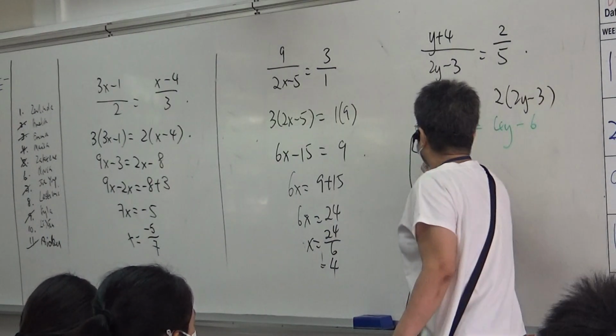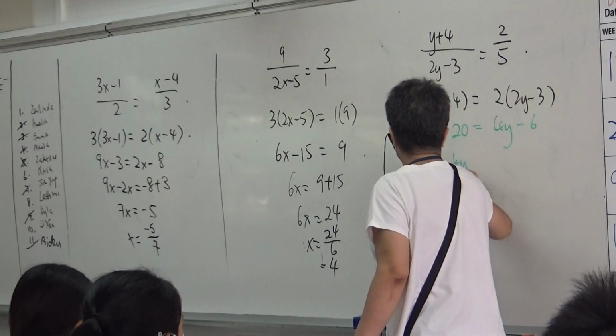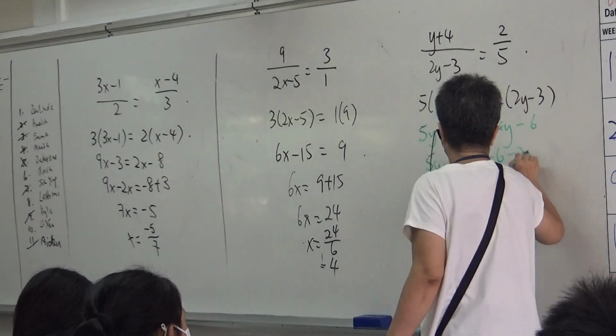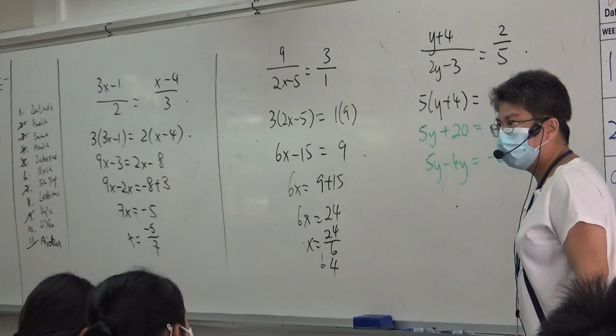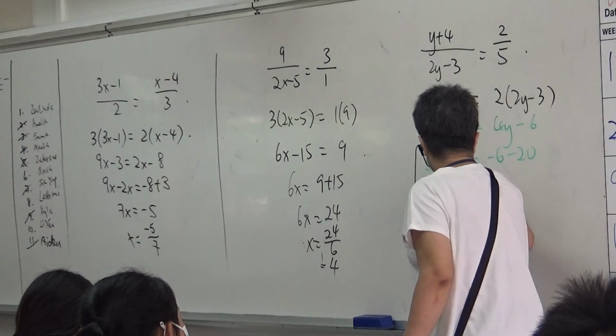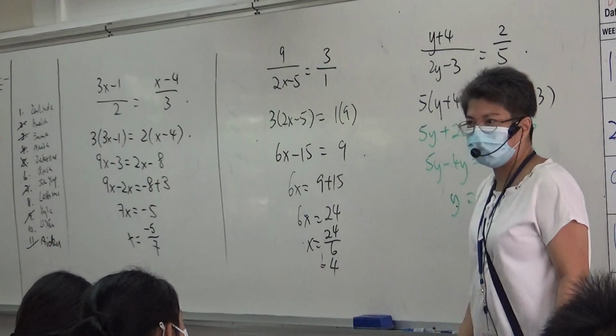Good. 5y minus 4y equals to minus 6 minus 20, right? What's 5y minus 4y? Y. Yes. Equals to negative 26.